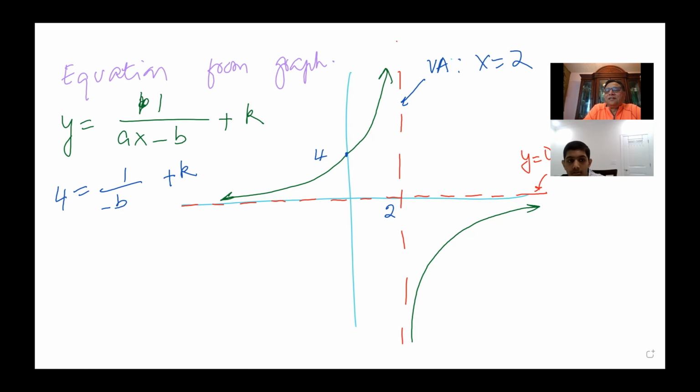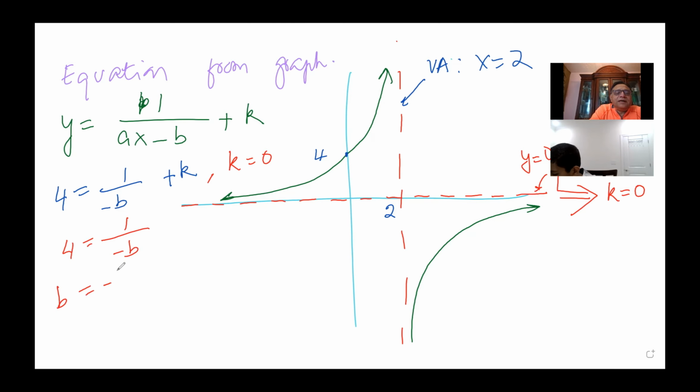So this implies k equals 0. You understand? And therefore, we have the equation 4 equals 1 over, substituting the value of x as 0, 1 over minus b. Because k is 0, right? And from here, you get the value of b, which is minus 1 over 4, correct?